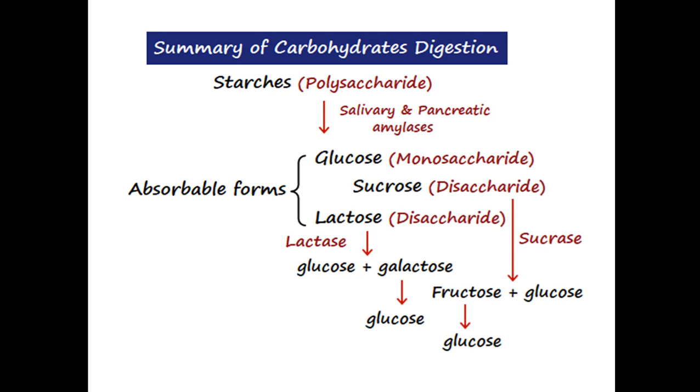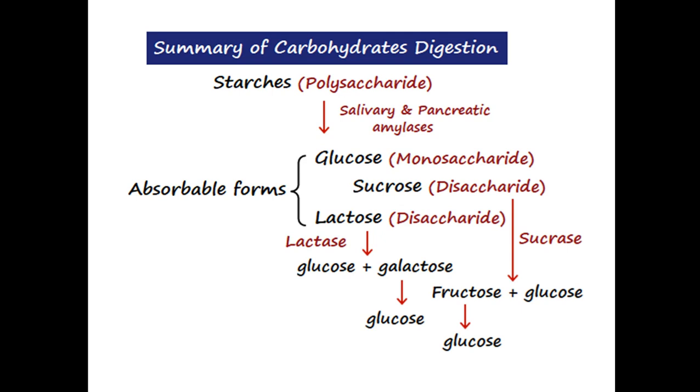By the action of amylases, the polysaccharides are broken down into glucose, which is a monosaccharide readily available for absorption and to be used by the body in oxidative phosphorylation for energy. And there are two disaccharides: one is sucrose, commonly known as table sugar, and the other is lactose, commonly known as milk sugar. Sucrose is broken down by the enzyme sucrase into glucose and fructose.